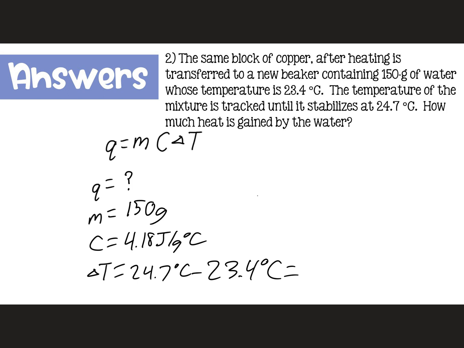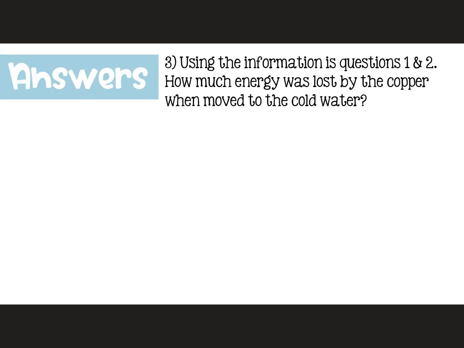If we put all of this into our equation, we will see that we have 150 times 4.18 times 24.7 minus 23.4, or 1.3. Type all this in, and you will get 815.1 joules.